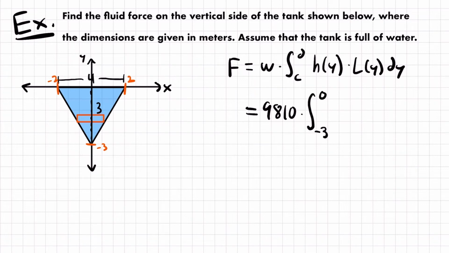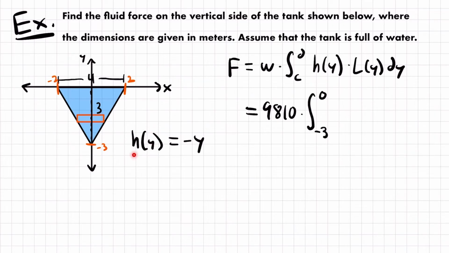And now we're ready to look at the depth function for this scenario. Now, similar to the previous example, I chose to place the x-axis at the surface level of the water. And so as a result, the depth function h of y is just going to be equal to negative y once again, right? The depth of our representative rectangles is going to be a negative value of y beneath y equals 0, right?